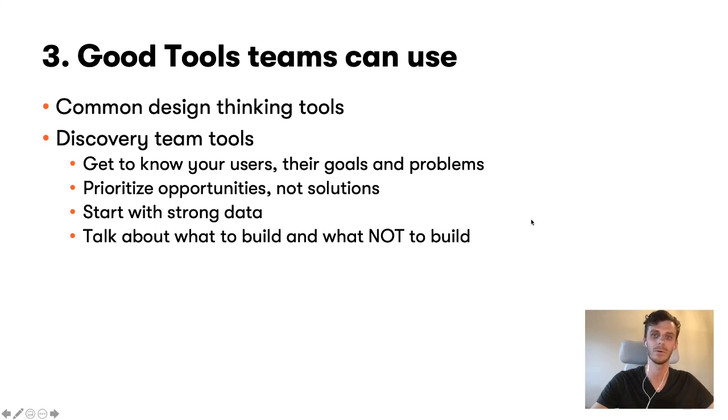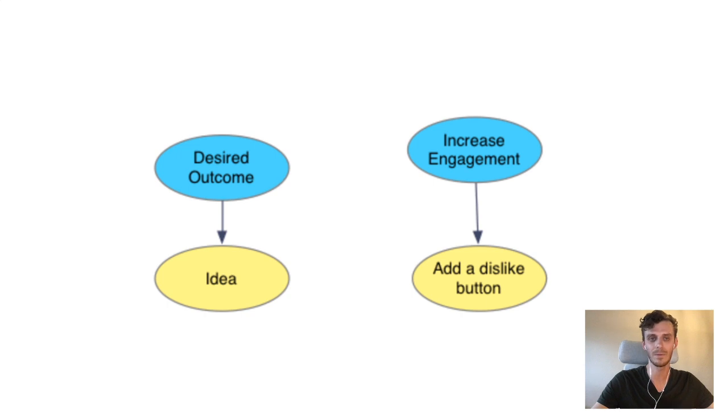That's equally important. And the way that most people prioritize stuff is like this, right? They have a desired outcome. For example, they want to increase their engagement, and usually a couple of PMs or user experience designers sit around the room and they're like, all right, well, we could add a dislike button, someone asked for that.